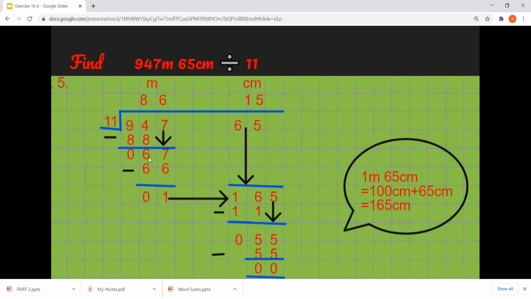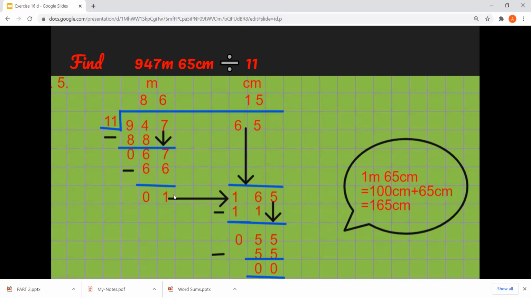That is equal to 6. Now we carry the next number 7 down and it becomes 67. Now say the table of 11. 11 sixes are 66. We will write 66. Now subtract 67 minus 66. The remainder is 1. Now there is no next number to carry down from the meters.